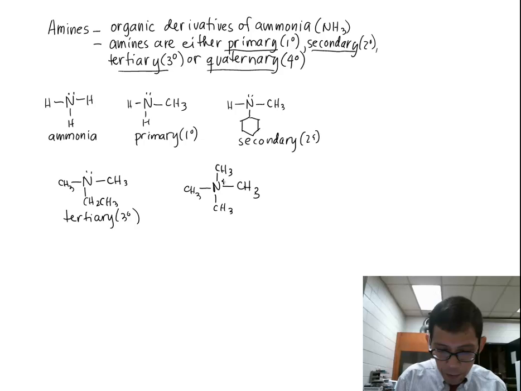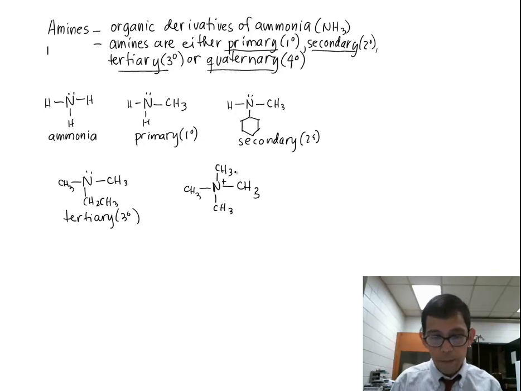So you do have a positive charge on the nitrogen. So you have to have a counter ion, X minus, and that X minus is usually a chloride, a bromide, an iodide, or a fluoride. So this here is quaternary.